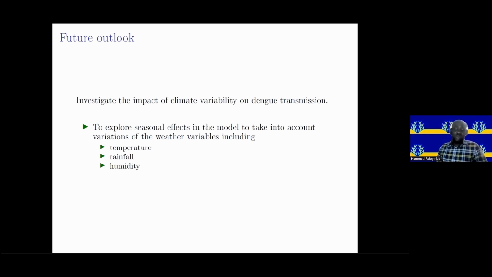So we aim to look at the effect of climate change using surveillance data to check how the disease can be affected or spread through these factors, that is the temperature, the rainfall, and humidity.